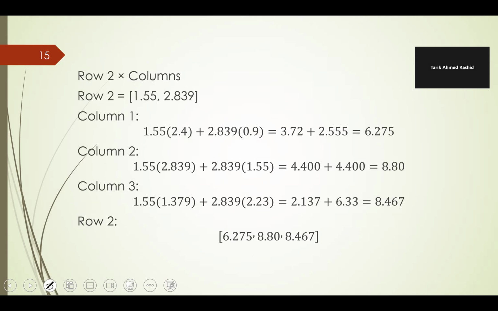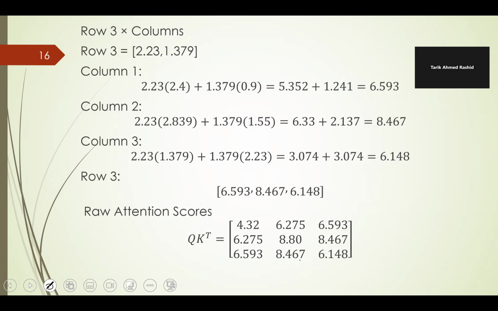Now, we will do it for row 2 as well, same thing, and for row 3 as well, same thing. Now we should have this for row 2, and then row 3, and we will have the attention scores all together, Q multiplied by K transpose. That's the result that we have.